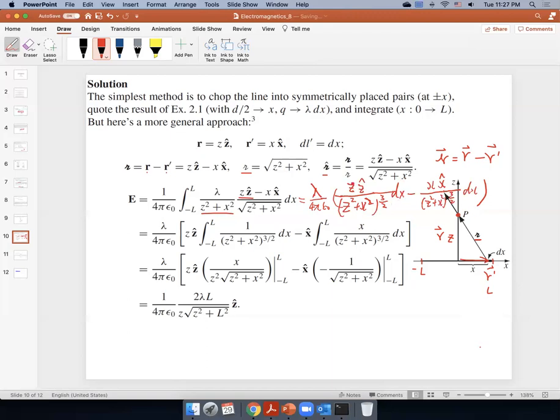If you're familiar with this calculation, in this integral z can be considered as a constant because it's an integral over dx.